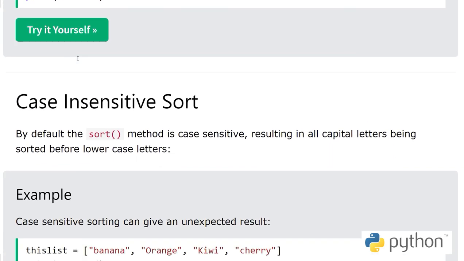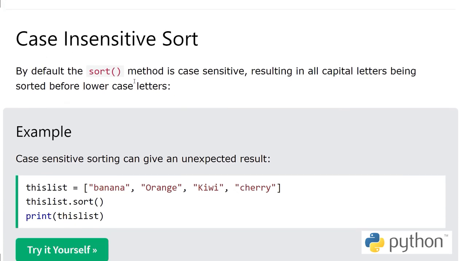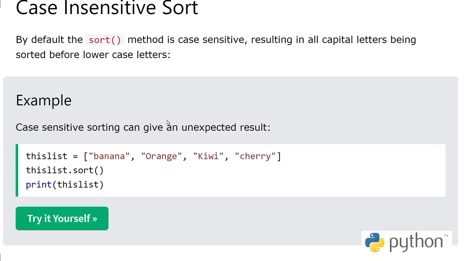Next we see case sensitivity. By default, the sort method is case sensitive, resulting in all capital letters being sorted before lowercase letters.